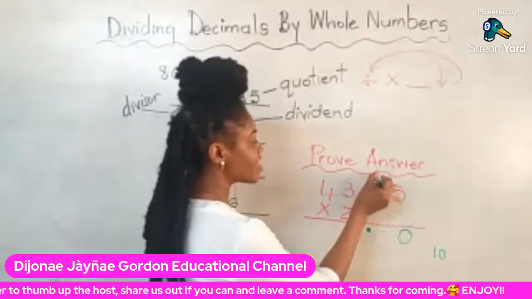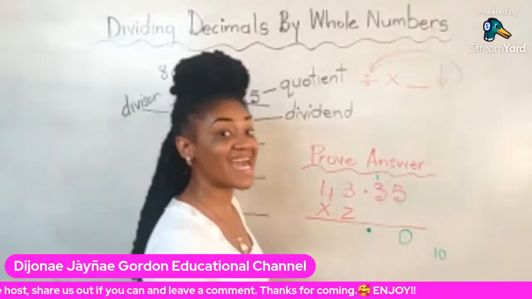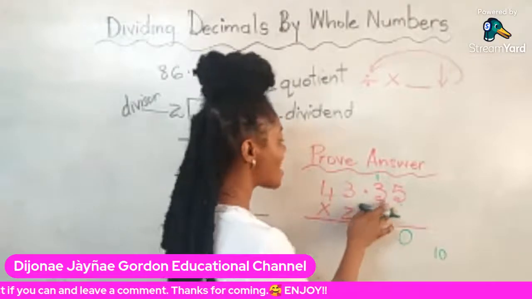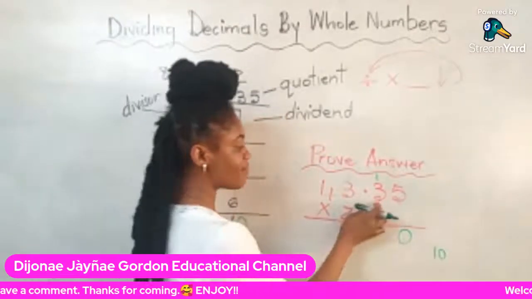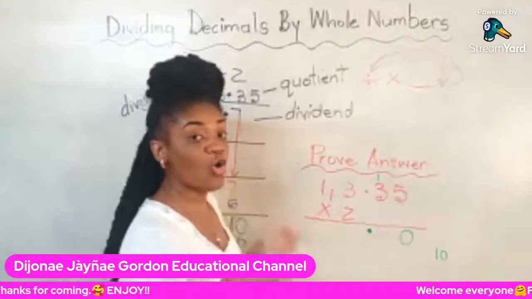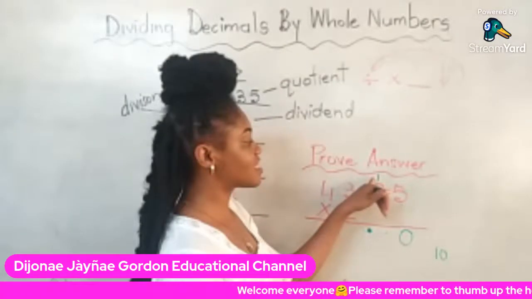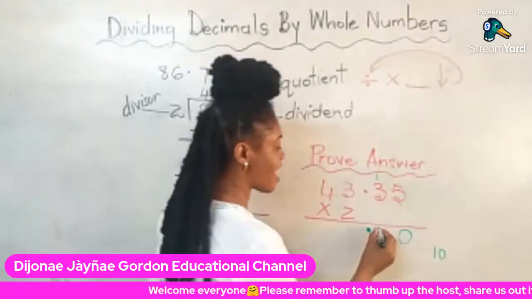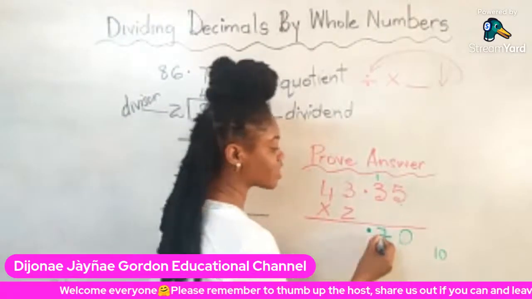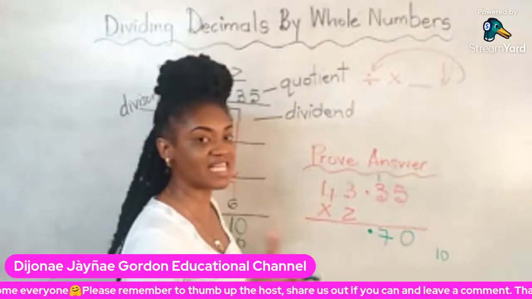And I'm going to carry my 1 over to my 10th place. All right? So now I'm going to say 3 multiplied by 2 would give us 6, plus this one that we carry. 6 plus 1 is 7. I put down all my 7 because 7 is a 1-digit number.